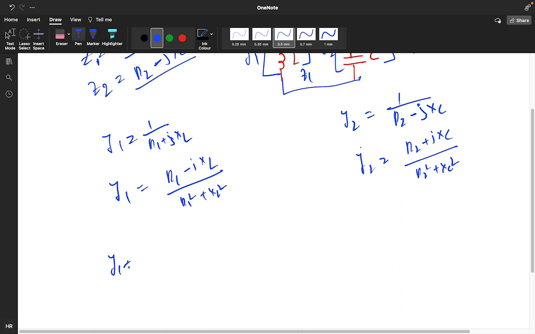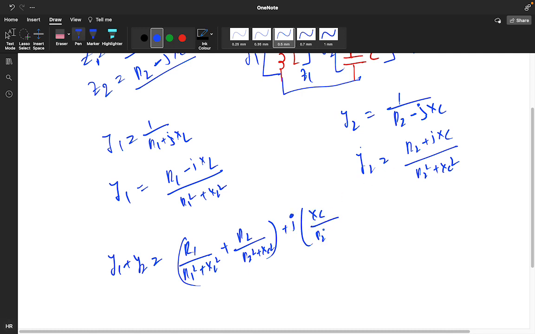And now y1 plus y2, if you solve this, what you will get? R1 divided by R1 square plus XL square plus R2 divided by R2 square plus XC square. J I am taking common. XC divided by R2 square plus XC square minus XL divided by R1 square plus XL square.